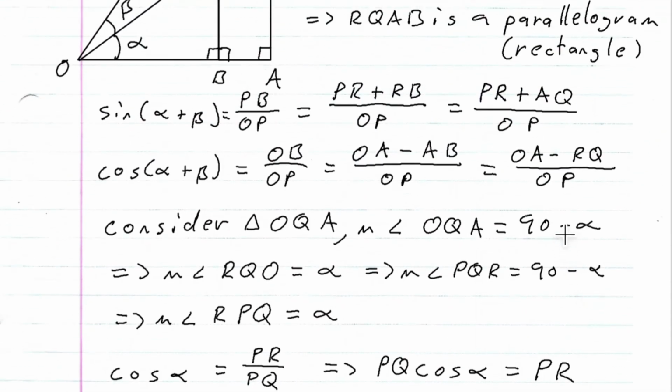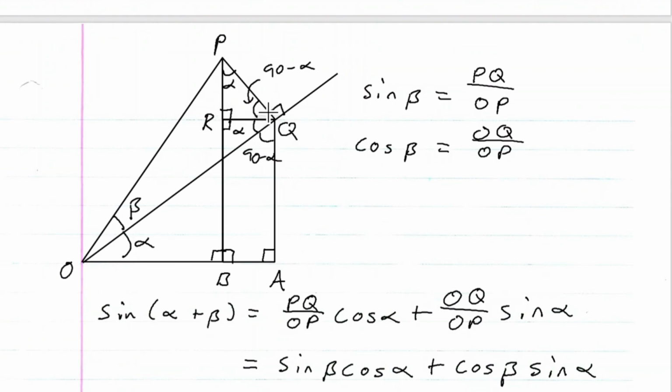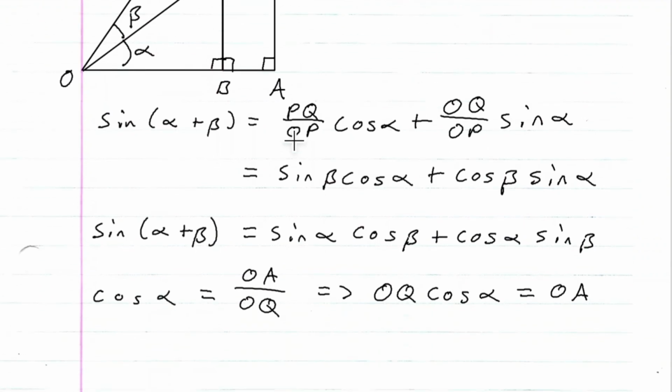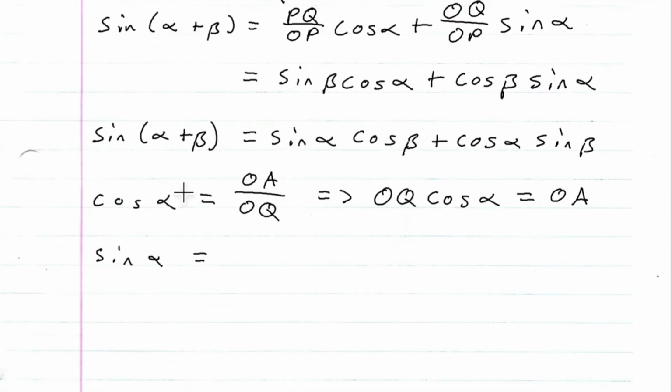Now we also want to find RQ. We know sine of alpha is going to be equal to RQ over PQ. Of course, we want to solve for RQ, so we multiply both sides by PQ to get PQ sine alpha is equal to RQ.